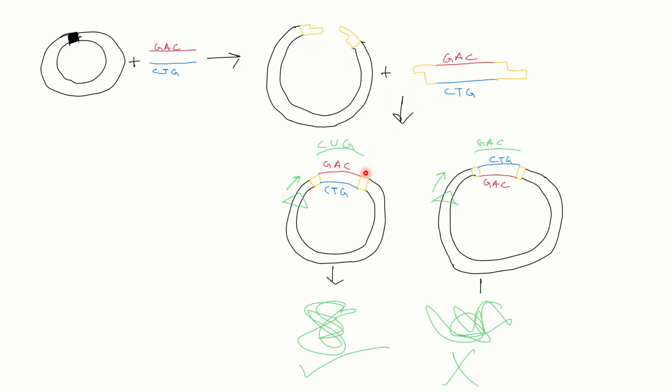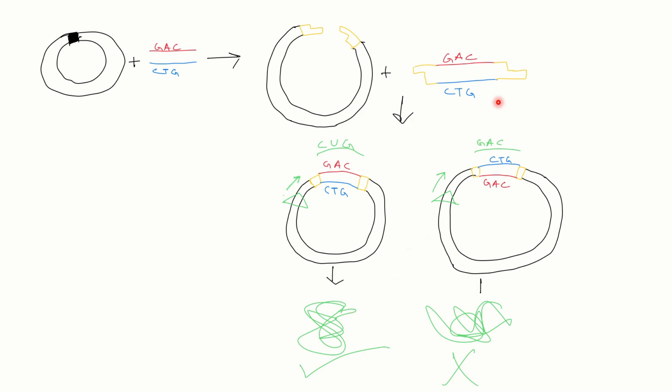After ligation, this is our gene of interest and this is our vector, and this arrow shows the promoter site. RNA polymerase will start transcribing from this site and mRNA will be generated in the correct orientation. In this case, this upper strand, or red strand, will act as a template, and from this mRNA further protein will be translated.